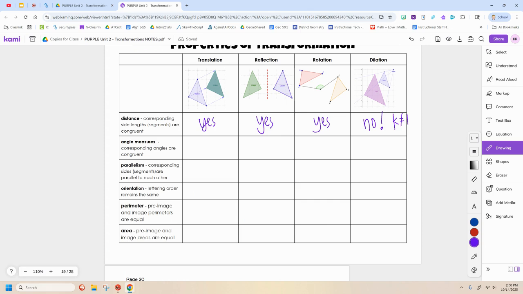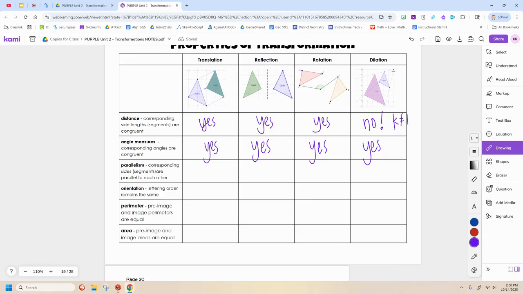All right. Corresponding angles are congruent. That is preserved across the board. Notice that vertical stretches and horizontal stretches are not on here. That's because the stretches are not considered to be true transformations. Our true transformations are translation, reflection, rotation, dilation. Parallelism.